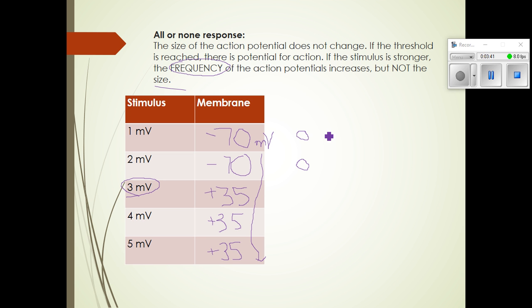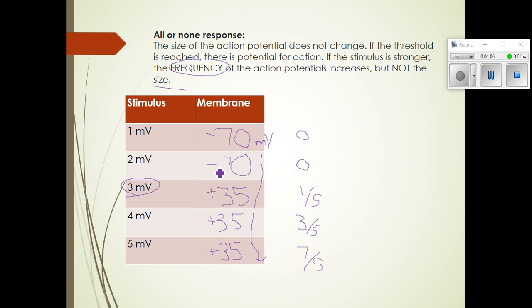So maybe we'll talk about action potentials per second. So once we hit the threshold, maybe we had 1 action potential every second. When we increased the stimulus to 4, now maybe we had 3 action potentials every second. When we increased the stimulus to 5, now maybe we had 7 action potentials per second.